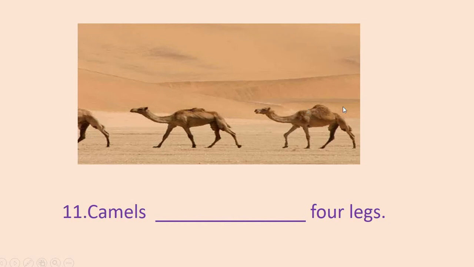We can see 3 camels. One is here, 2 and 3. See how many legs are they having? They are having 4 legs. And camel has 4 legs. Okay. So see the number sentence. Camels. There are more camels. Okay. 3 camels, no? More than 1 camel. So camels.